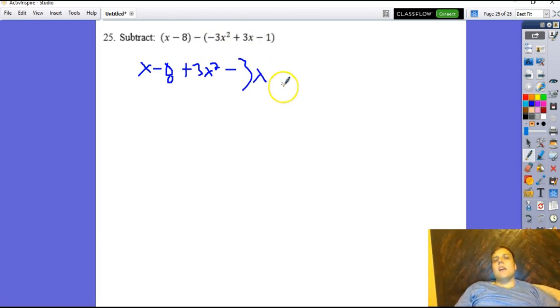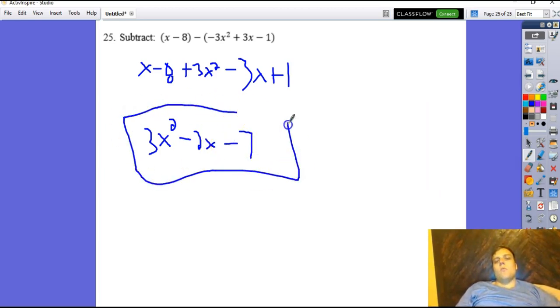This negative is going to make this negative 1 become a positive 1. Now, I can put like terms together. It's best to start with a quadratic term, which is 3x squared. There are no other quadratics, so I just wrote 3x squared by itself. I'll now put my x's together. X minus 3x is negative 2x. And negative 8 plus 1 is a negative 7. And there you go. That's all this problem wanted.